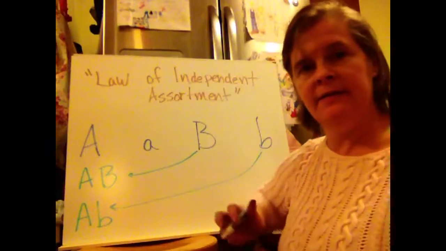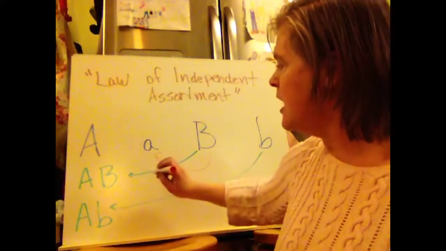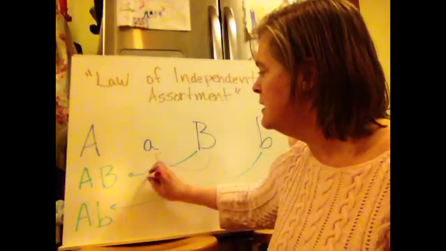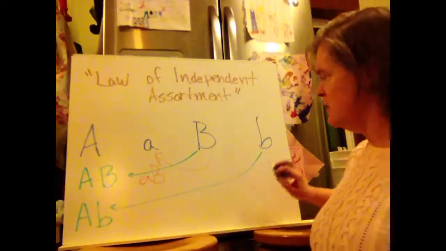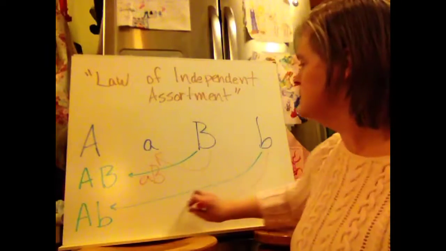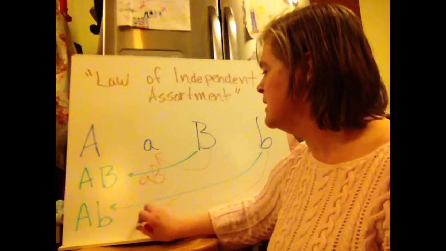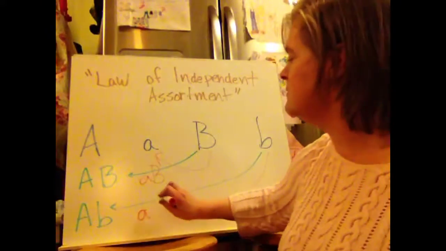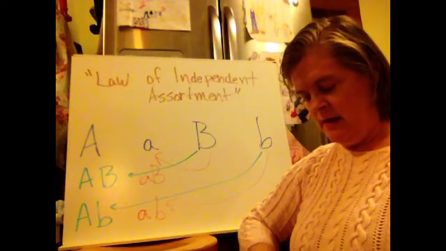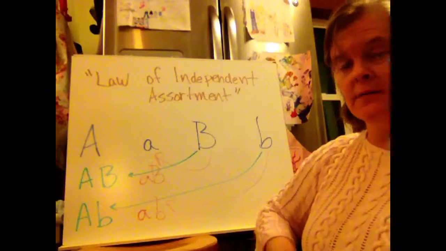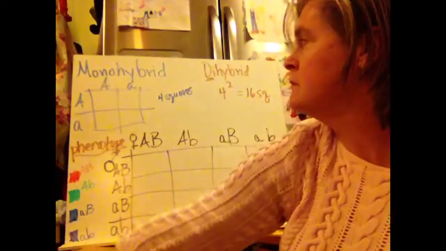Similarly, the recessive a allele can have a dominant B, which would make little a, big B, and this recessive a can associate with a recessive b. So any of these combinations are possible due to independent assortment.